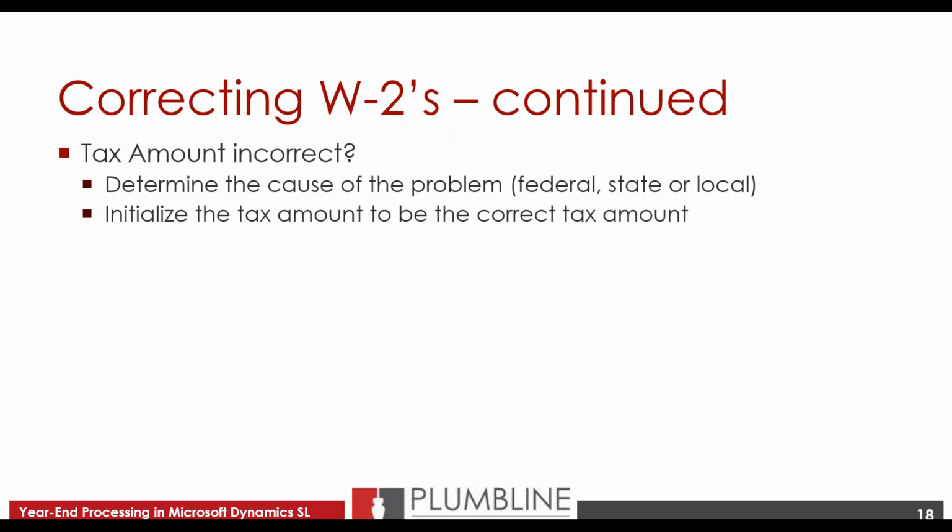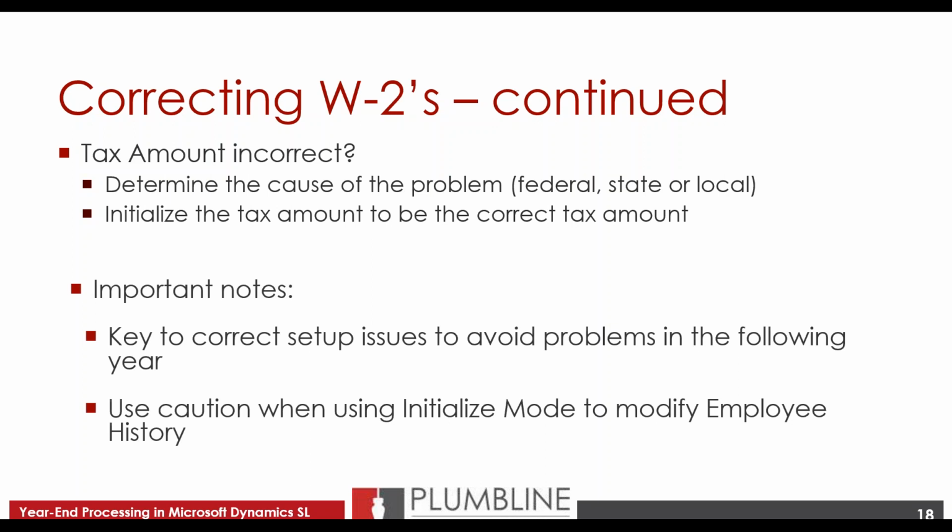Also, if it's state deductions, those should be properly coded with a type equal state in deduction maintenance, and the appropriate two-letter state code is included in the deduction maintenance screen. And also any local taxes, those should be coded as a type equal local, and the appropriate two-letter state code would be entered on those in the deduction maintenance screen as well. Now, for tax amounts that were not taken properly, you could initialize the tax amounts to be correct.